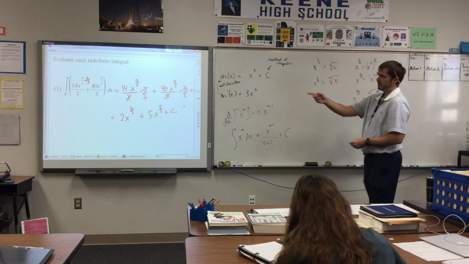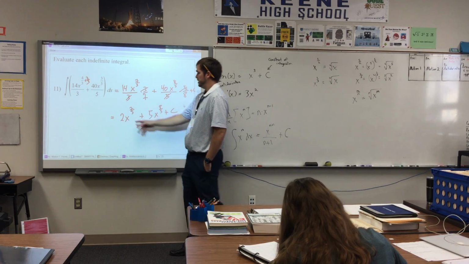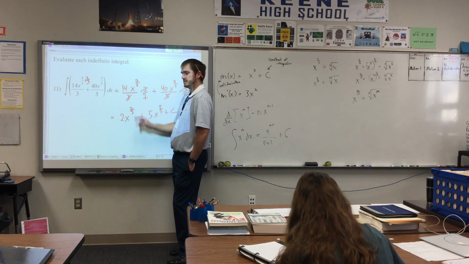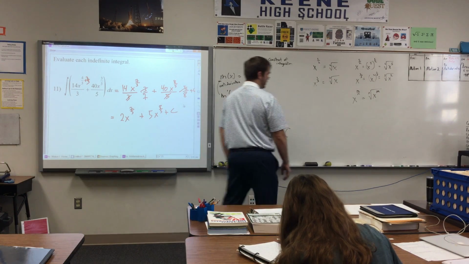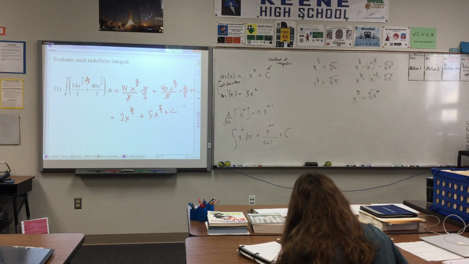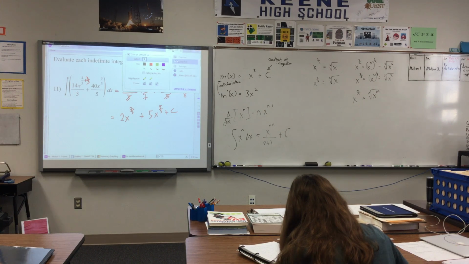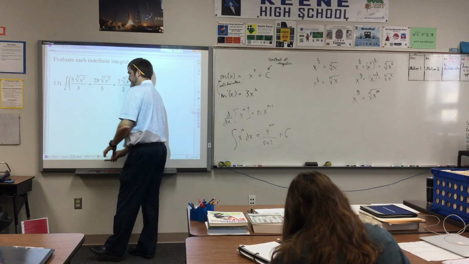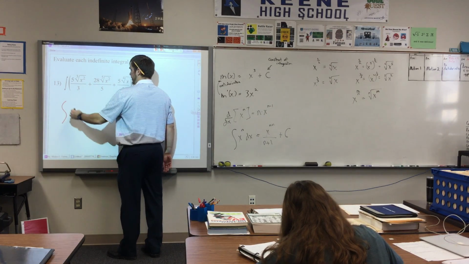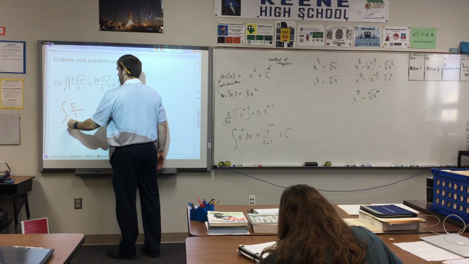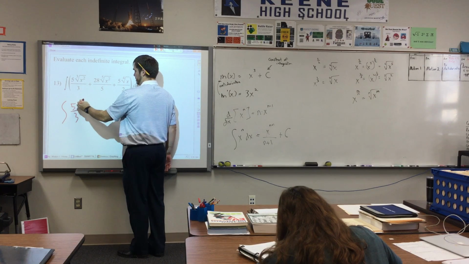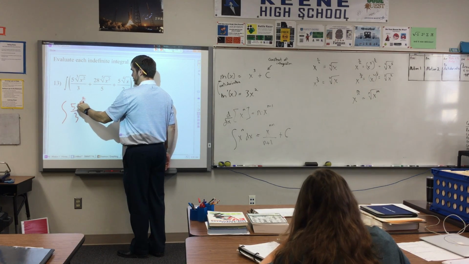So I could have rewritten this as 2 times the cube root of x to the 7th. And that's going to help us out with the next problem, because we're going to rewrite this as 5/3 x to the 2 over 3.